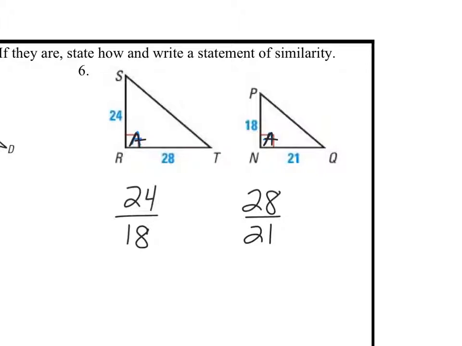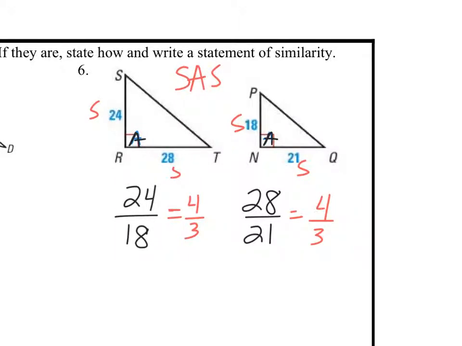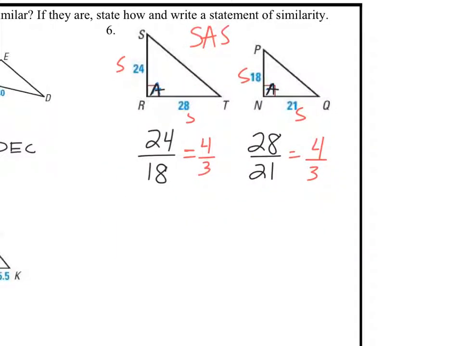Sam, what are they simplified to? And since they simplify to the same thing, you do have side, angle, side. Write your statement of similarity, please. Triangle SRT is similar to triangle PNQ.